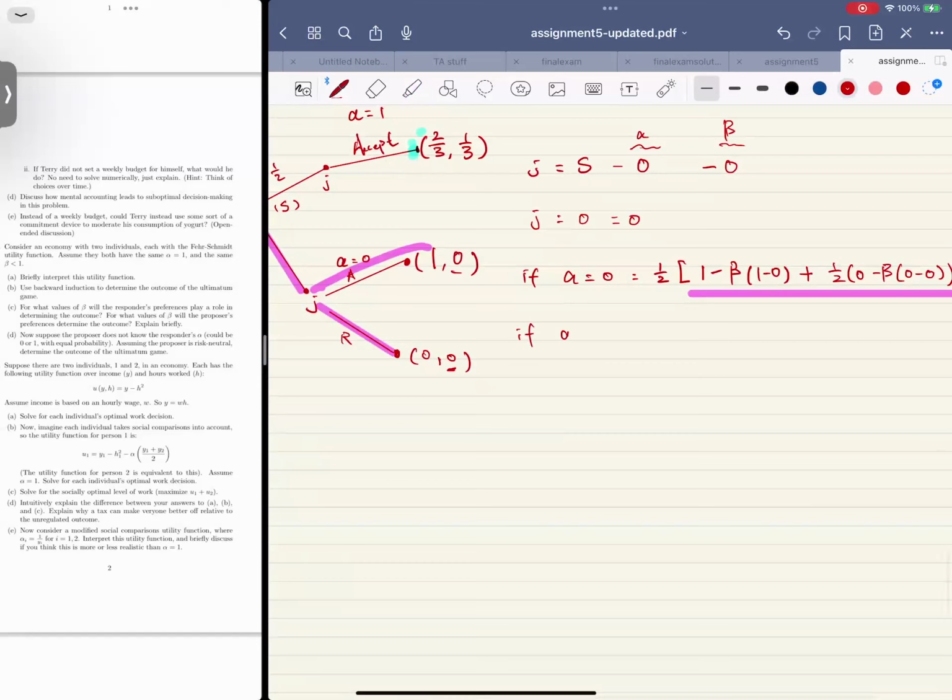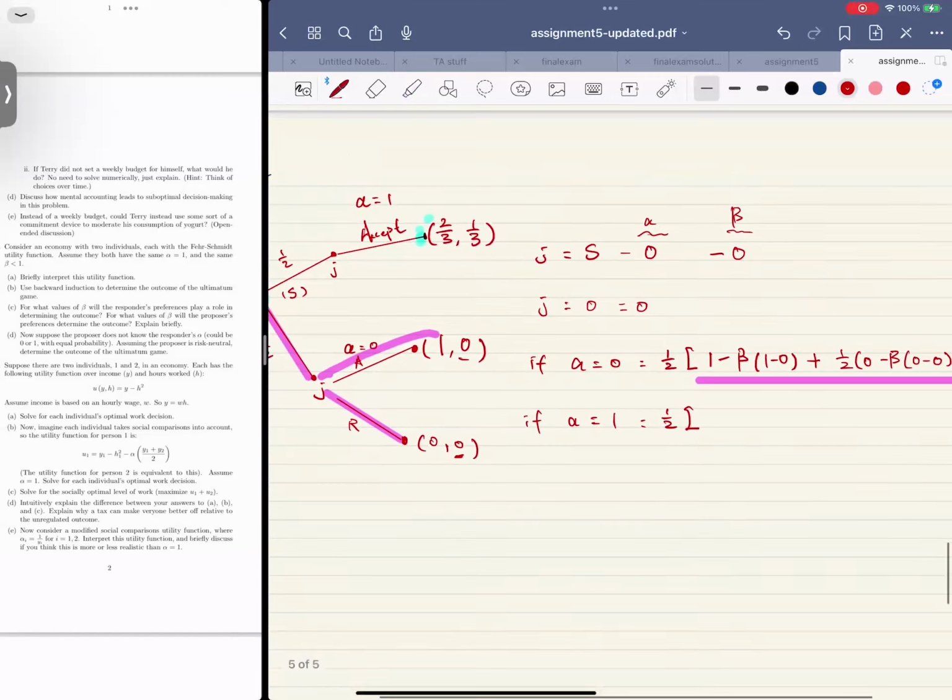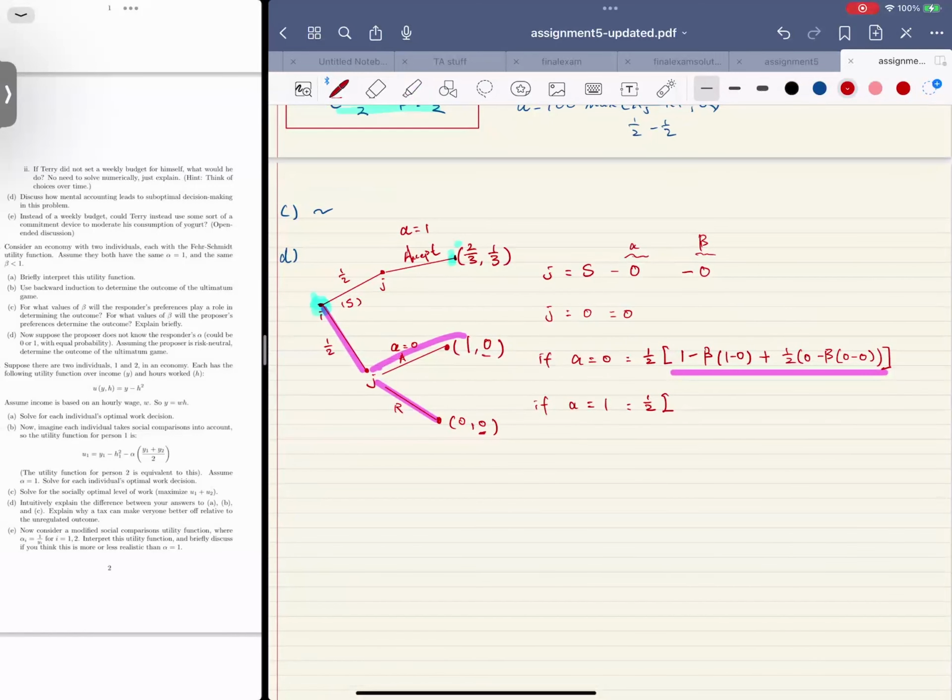If A equals 1, which means 1/2 of 2/3 minus beta of 2/3 minus 1/3, which is the expected utility function from I, right?